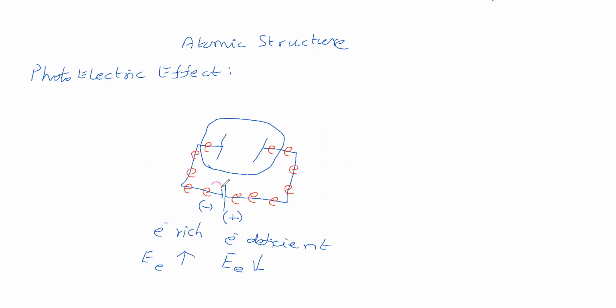These high energy electrons strike the electrons of the metal wire. The metal wire contains electrons in normal energy.